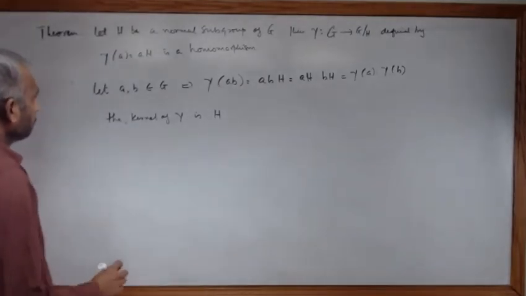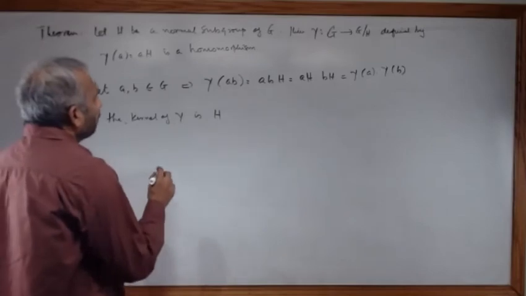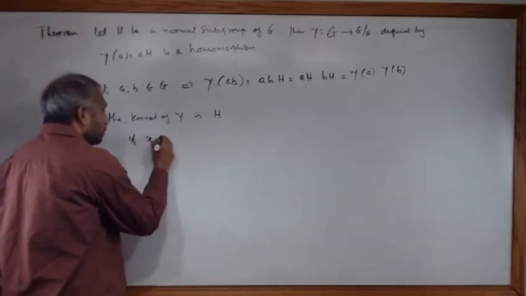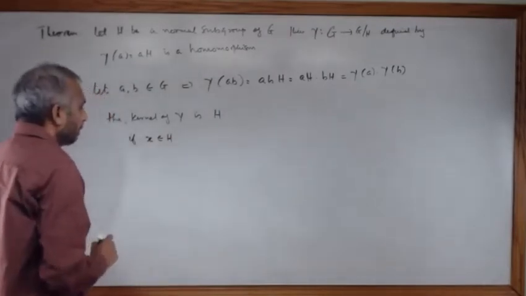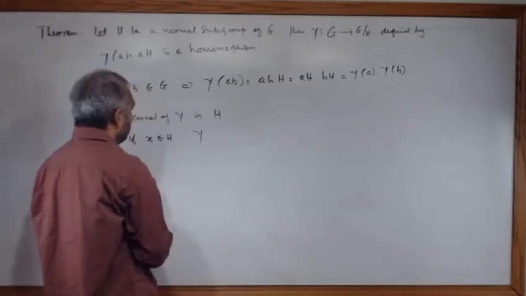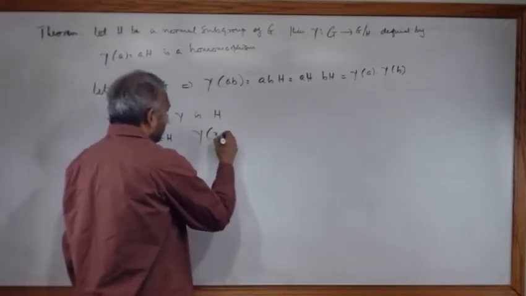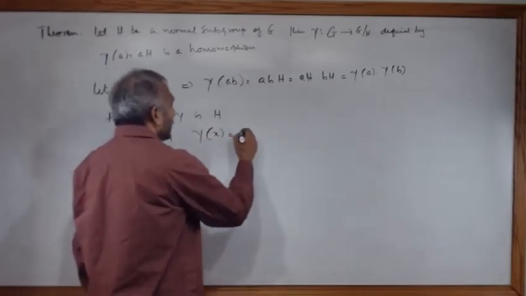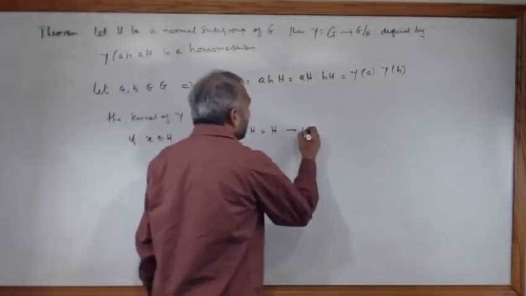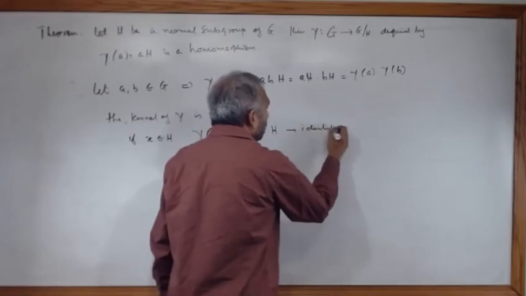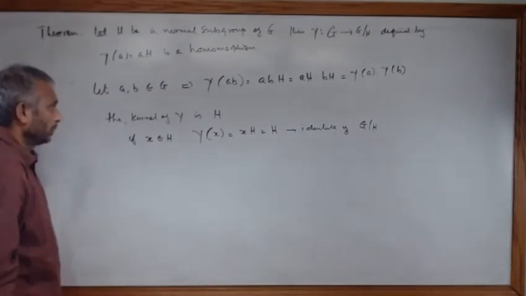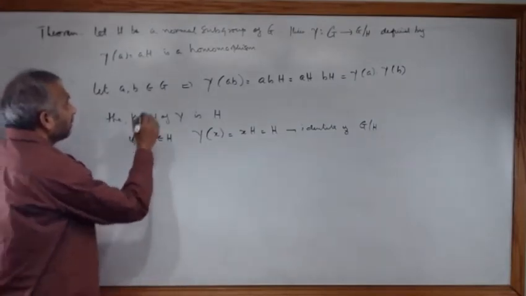Because if x belongs to H, gamma of x is equal to xH, and that is equal to H. And this is the identity of G over H. So what is the definition of the kernel?